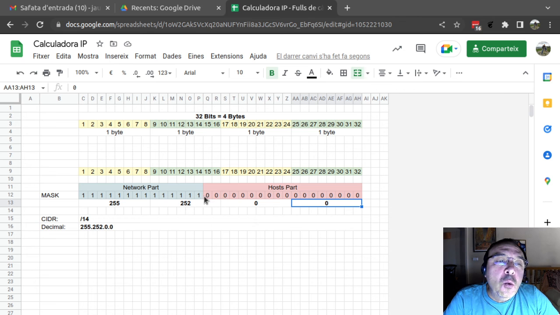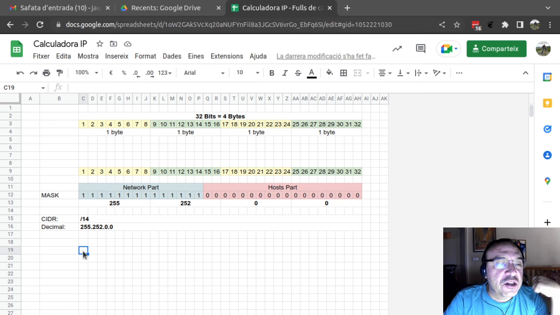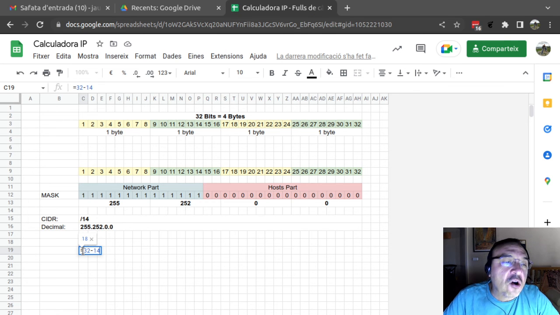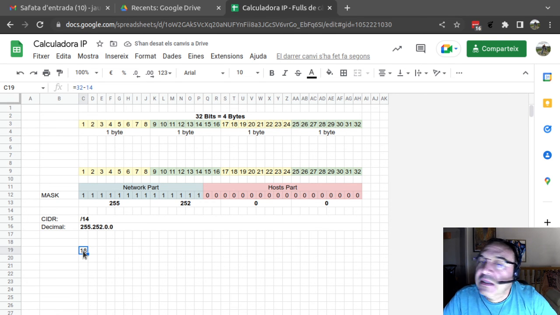And with that we can know the size of the network, because in the host part we've got, in that case, 32 total bits less the 14 we've got in the network part, so it's 18 bits for the host part.